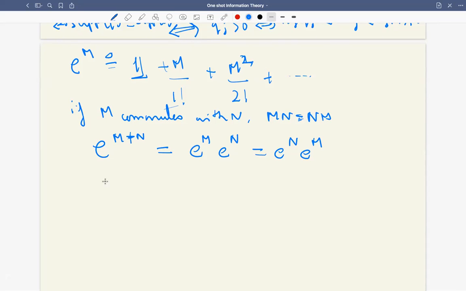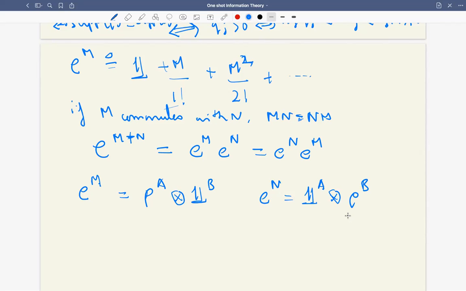But in our case, what I'm telling you is just this. So my e to the M that I'm taking will be rho A tensor identity of B, and e to the N will be identity of A tensor rho B. Note that these two matrices commute.